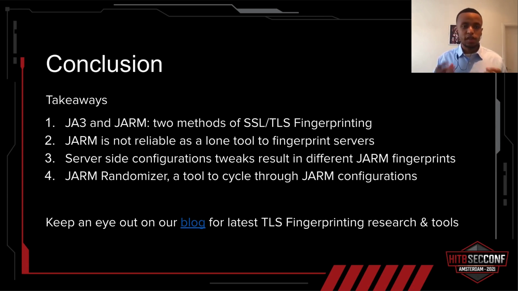Thirdly, we showed that just minor server-side changes and configuration tweaks actually result in different JARM fingerprints. And finally, we packaged all of this up and presented it as JARM Randomizer, a tool that you can use to cycle through these configurations, and that red team operators and penetration testers can actually use to maintain operational security.